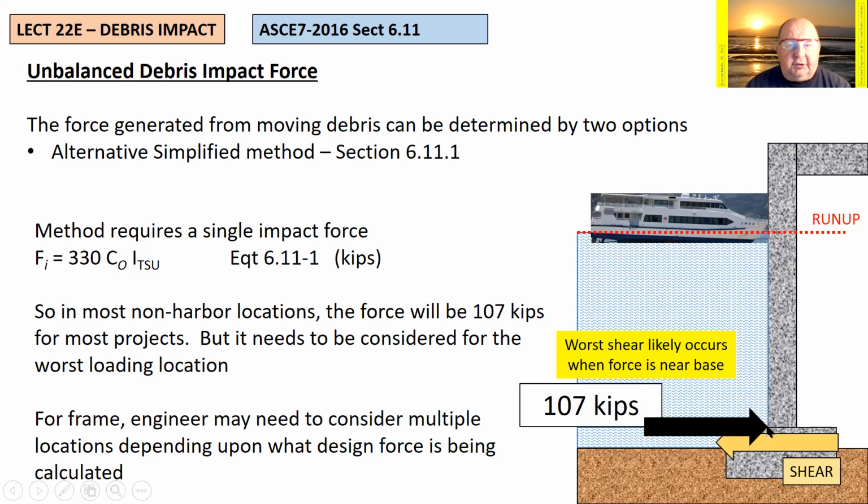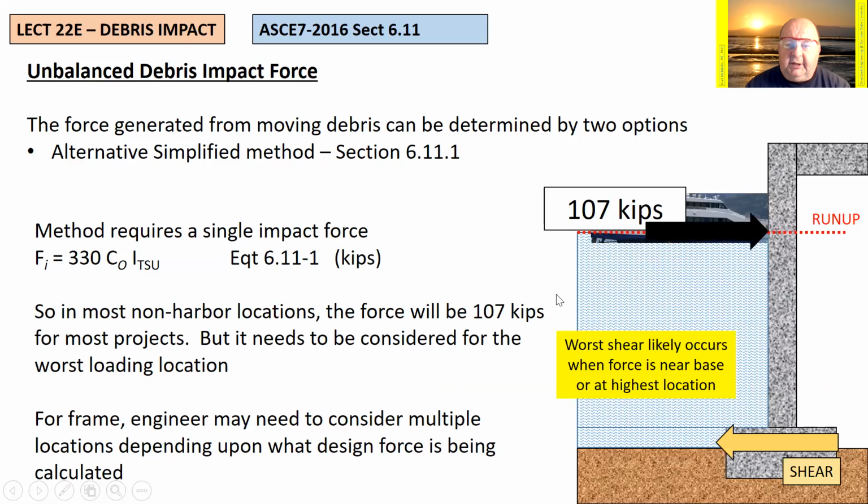Whereas if I'm trying to determine the shear, the worst shear on the column is probably when the force is located at the very bottom. So I may have to do two analyses depending upon whether I'm trying to determine the bending strength of the column or the shear strength that the column needs to be.